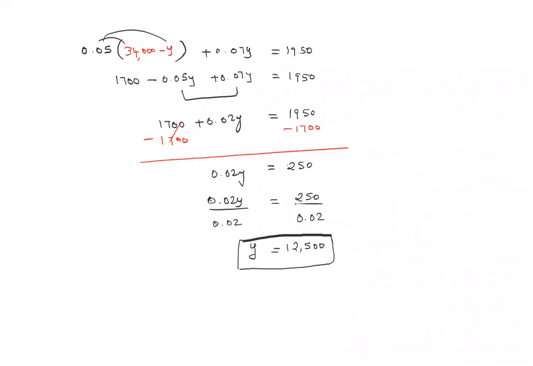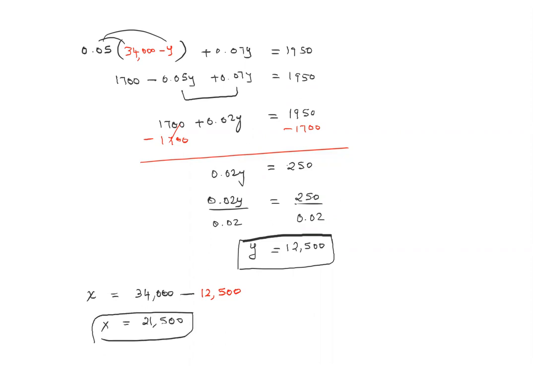So we can get the x. x is going to be, because the total amount is 34,000, substitute for y. So we get x equals 21,500.